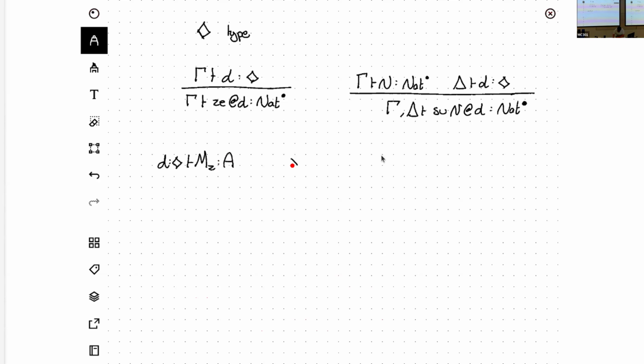So now, in the zero case, we're given a diamond to construct the A. And in the step case, the successor case, we're given a diamond, and again we have a whole natural number.